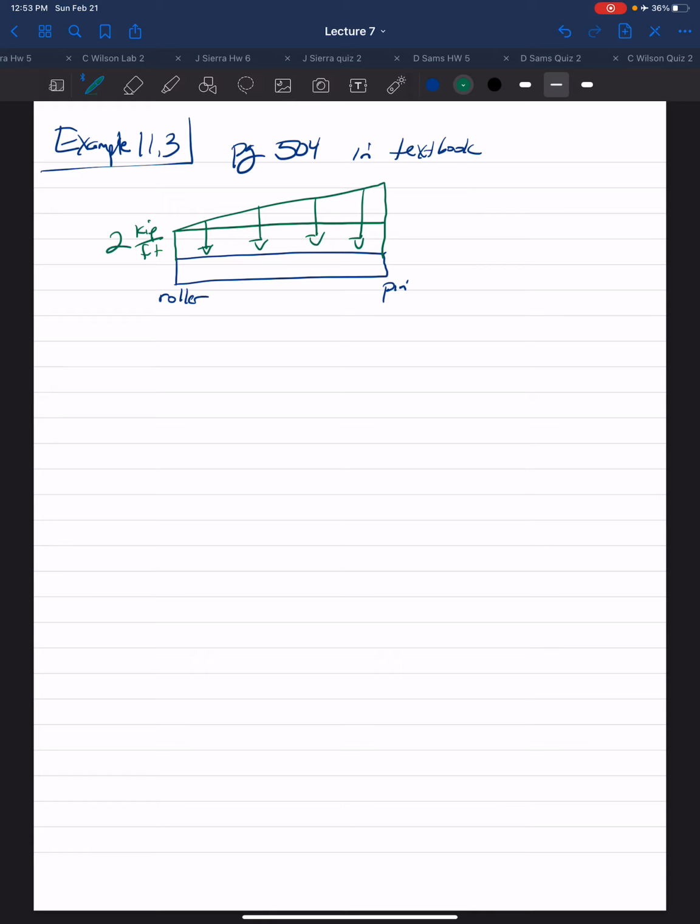And the triangular loading intensity would be, this is 2 kip per foot, so this would be 4 kip per foot, kilopounds per foot. The total length here is 18 feet.